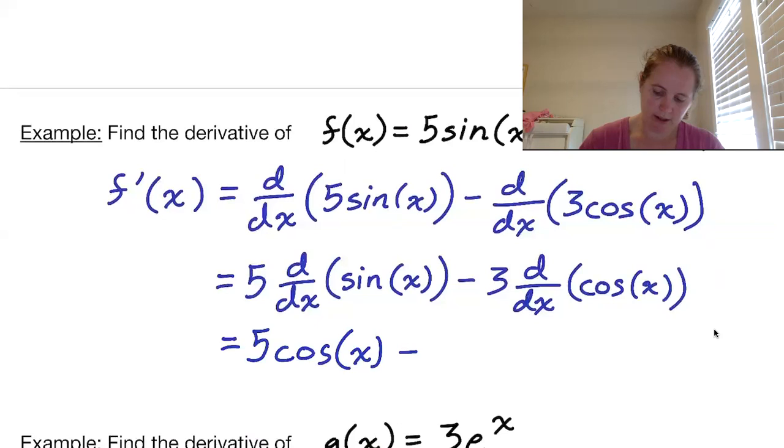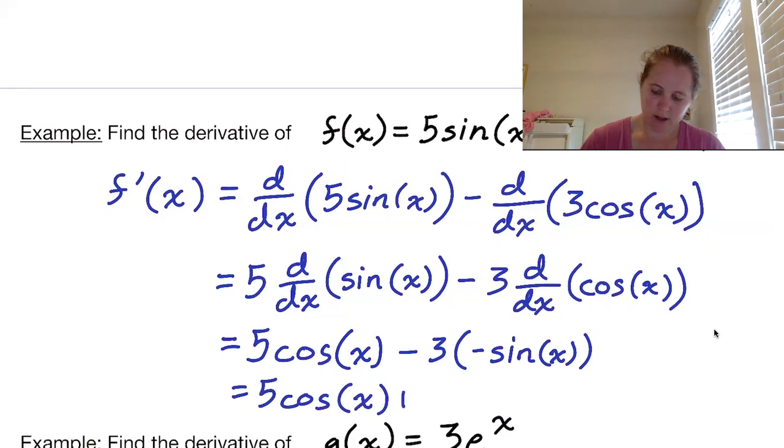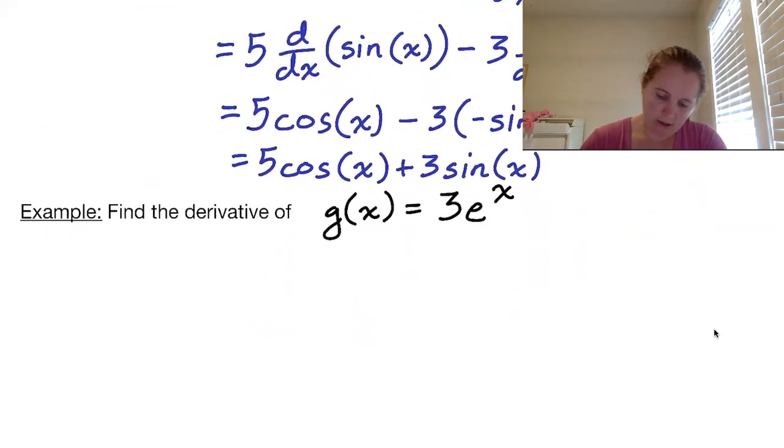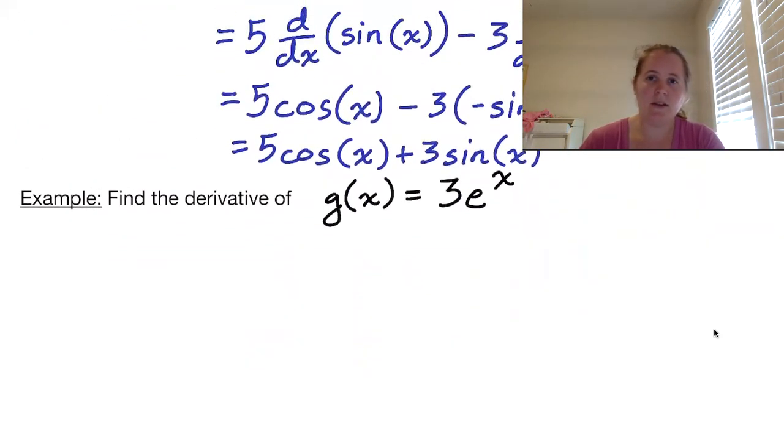Then we are subtracting 3 times negative sine of x, or simply 5 cosine of x plus 3 sine of x. So now we can find the derivative involving cosine and sine much faster. And let's go ahead and do one more example.